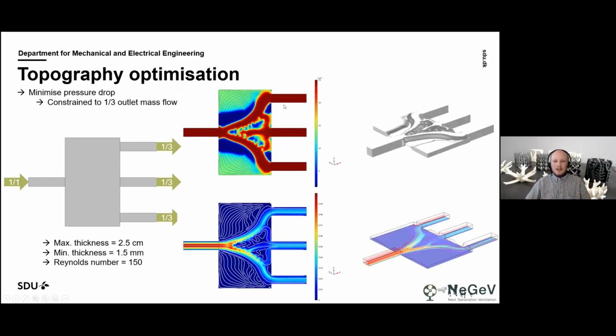So we get something like this, resembling more something from topology optimization. So we actually see that it goes to the bounds. This is the minimum thickness. We see the maximum thickness here, generating some channels with maximum thickness. This is also seen in the 3D representation over here. We see the flow field, and again, these are basically the same for 2D and 3D, which is great.